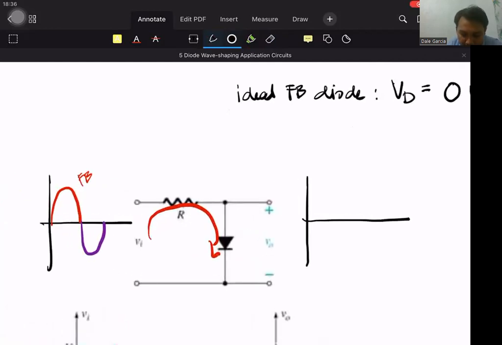So if the voltage across the diode during forward bias is 0 volts, then the output is 0.